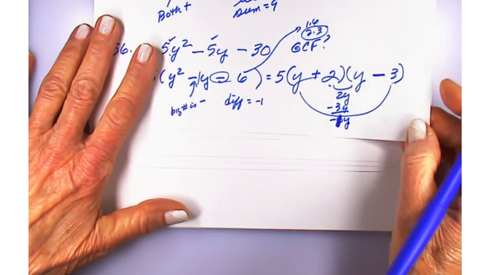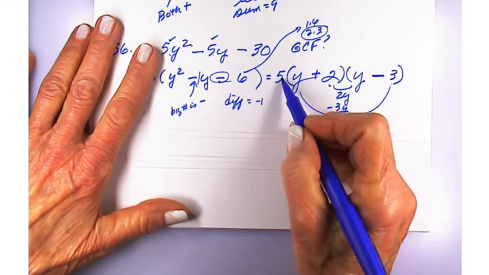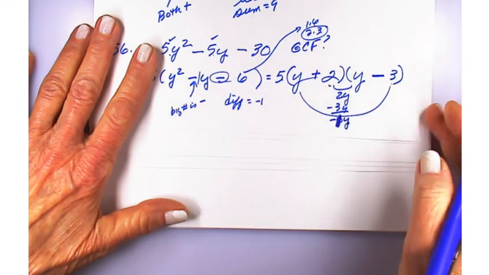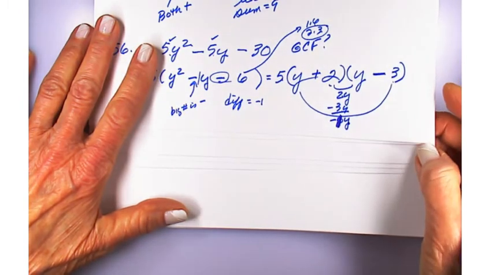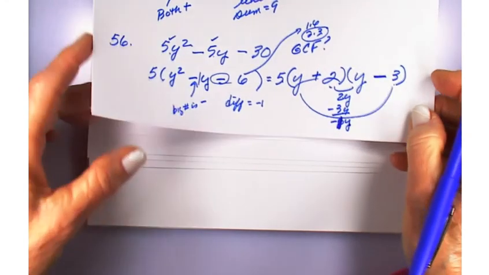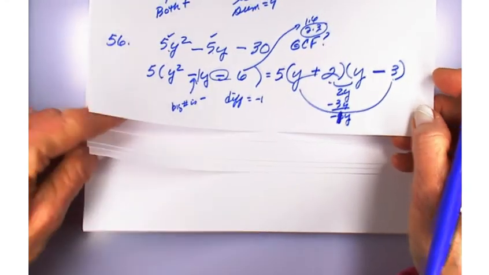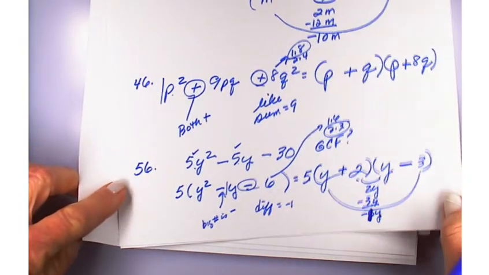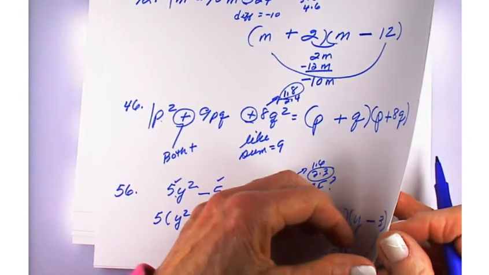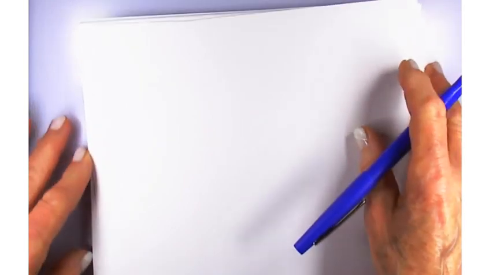So we had to factor out the GCF first. That's a big thing to remember. It's very easy for us to overlook that little piece there and not factor it out. But if your numbers look big, if the lead coefficient isn't 1, that will be your clue that we have to factor out a GCF.